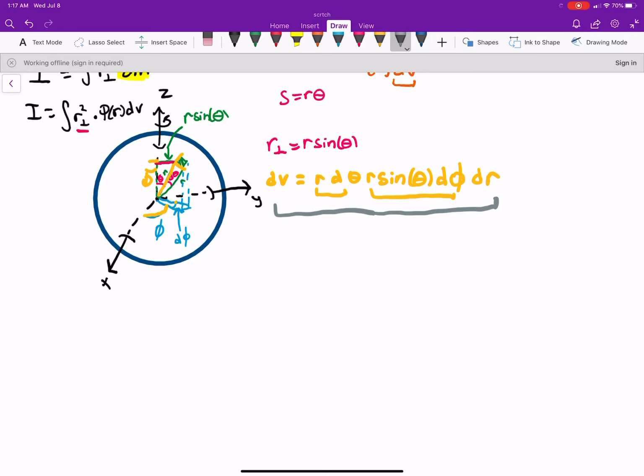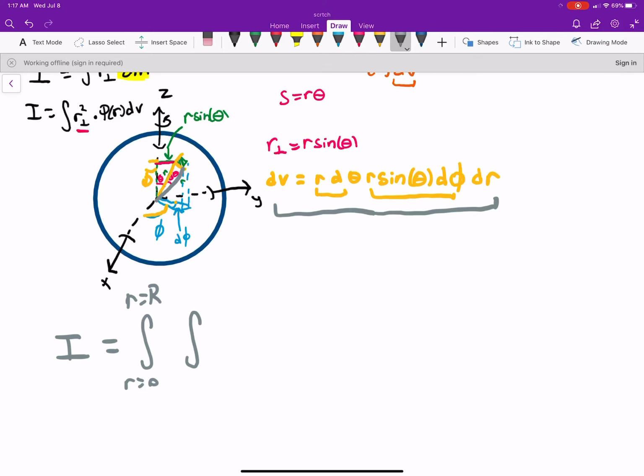But now that we have all this, we can actually work with our integral. As you can see, we have not one variable to worry about. We have three. So what we're going to do is form a triple integral from r equals 0 to r equals capital R. So that's just your radius.